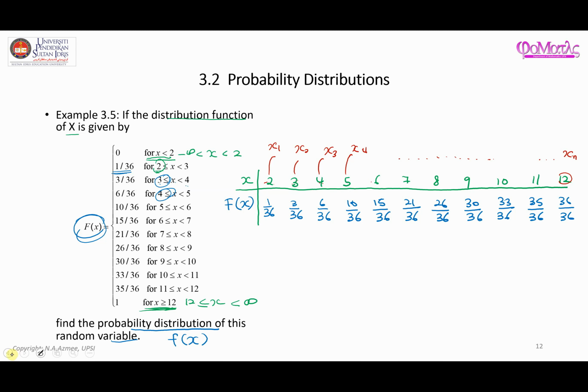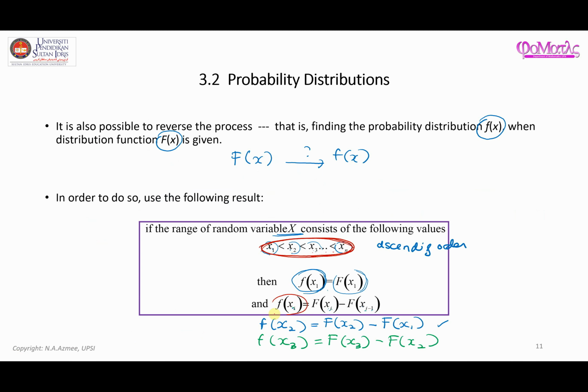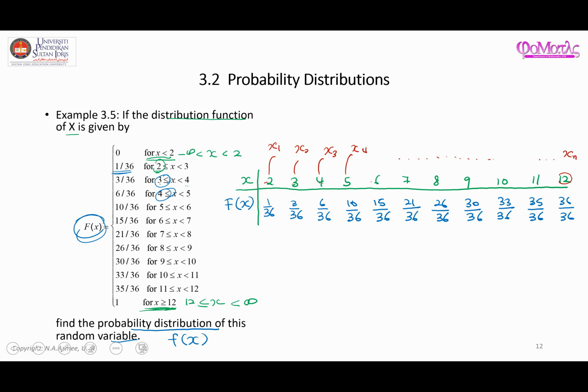So according to the result given here, if I want to find what is f(x1), then the result is just taking the value of the cumulative probability for x1. I'm going to use the same table because I'm too lazy to write down x again.